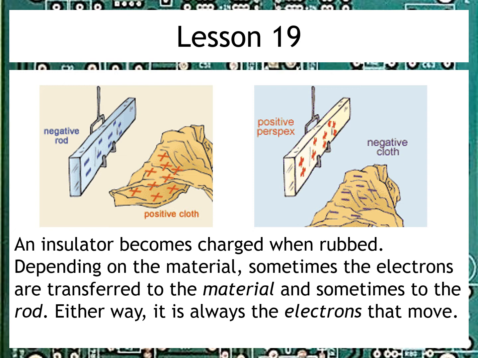Depends on the material which way the electrons will go. Looking at the top left diagram there, the electrons are going to go from the cloth to the negative rod. On the other side, the electrons are going from the rod, which is perspex, onto the cloth, so the cloth becomes negative. Either way, it's always the electrons that move.